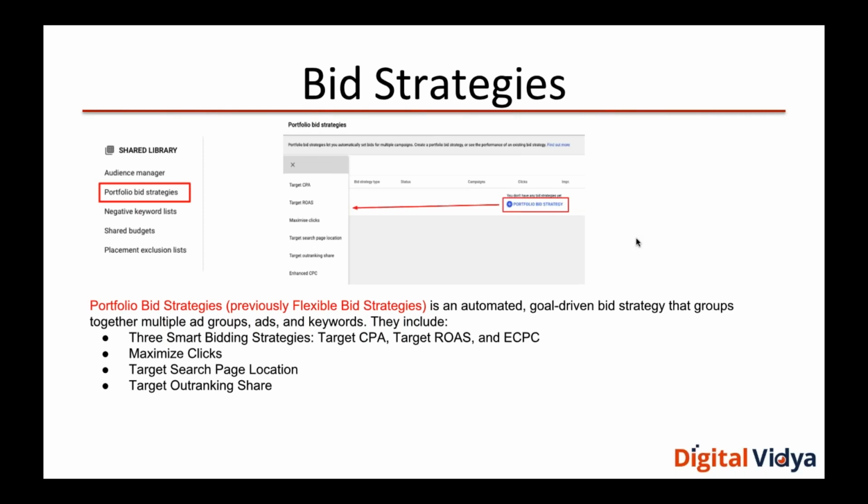So in target outranking share, typically what happens is you can specify a particular domain in the AdWords interface. So your bids will be tuned in such a way that they can beat the bid of the competitor or the ads coming from that domain. Is that clear?